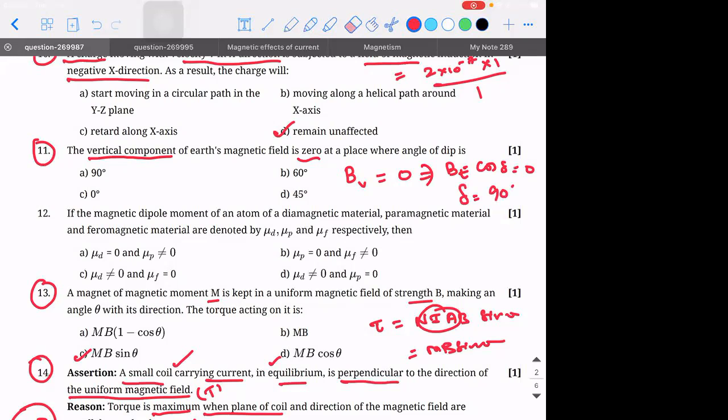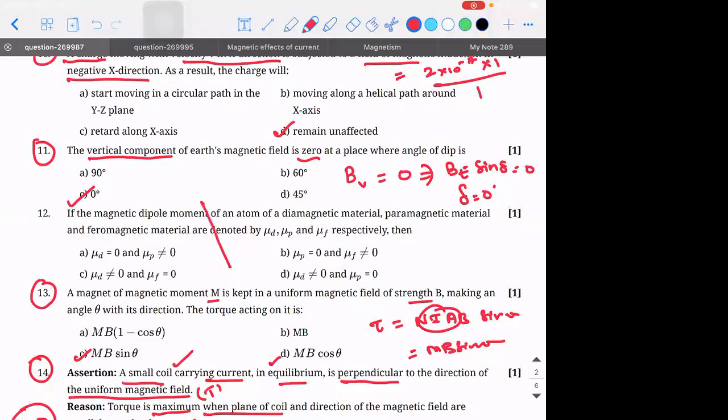Oh, sorry. So BE sin delta is 0. So delta should be 0.